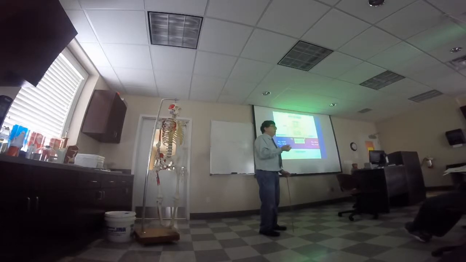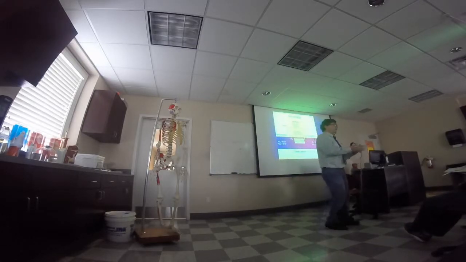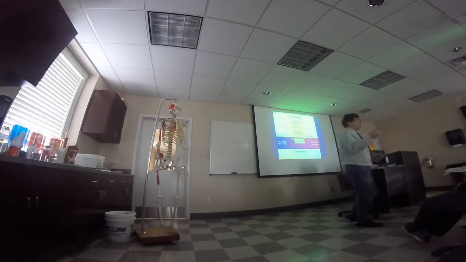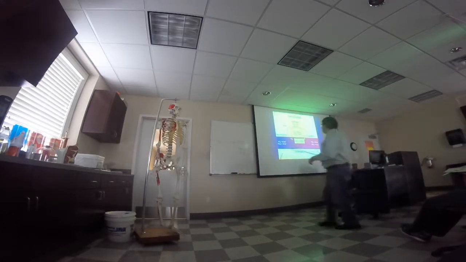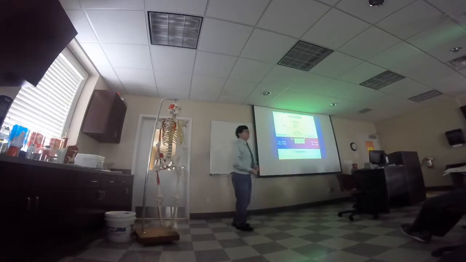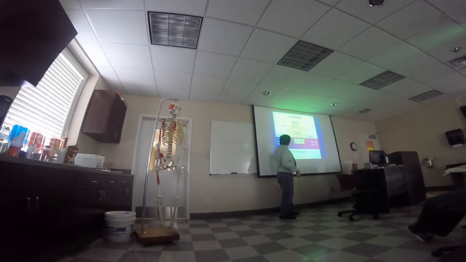So if it's got a higher concentration in one area than it does in another, it's going to flow from that area of higher concentration into an area of lower concentration. And that's what it did. I'm using these units of partial pressure to describe that concentration. And that's what's happening here. Oxygen is going to move from an area of higher concentration, a partial pressure of 100, into an area of lower partial pressure, when it's only 40.